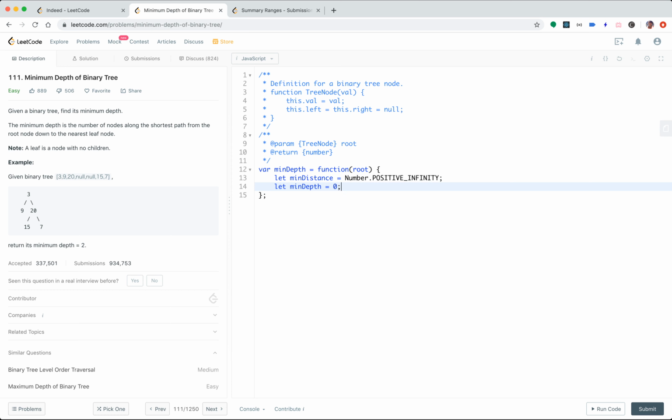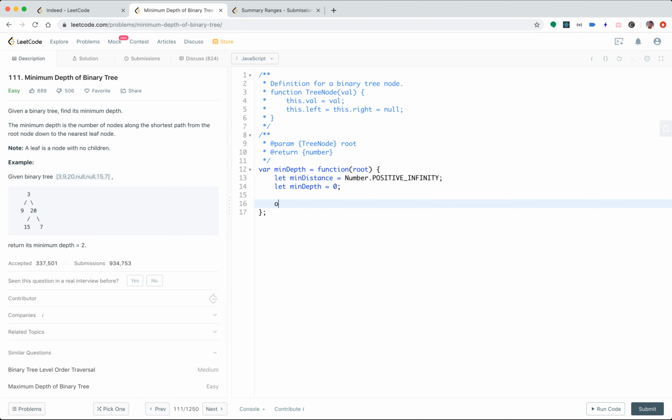Let's create a walker. How can we update the min distance? Okay.